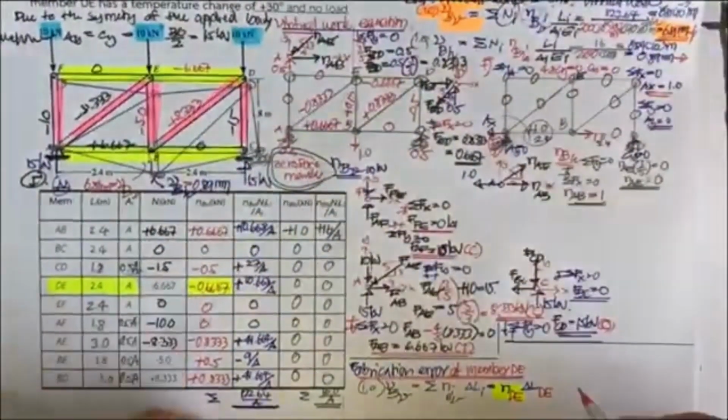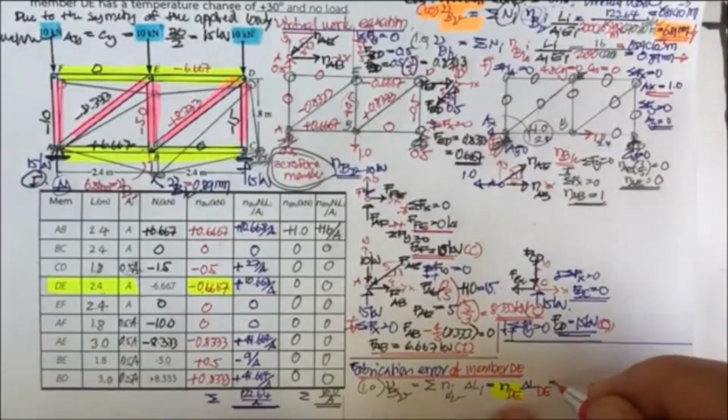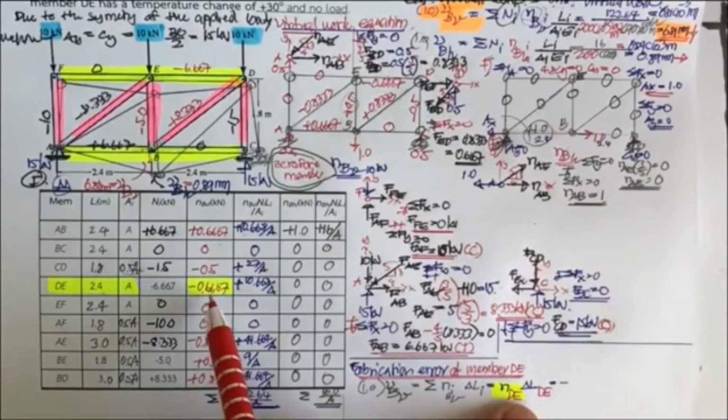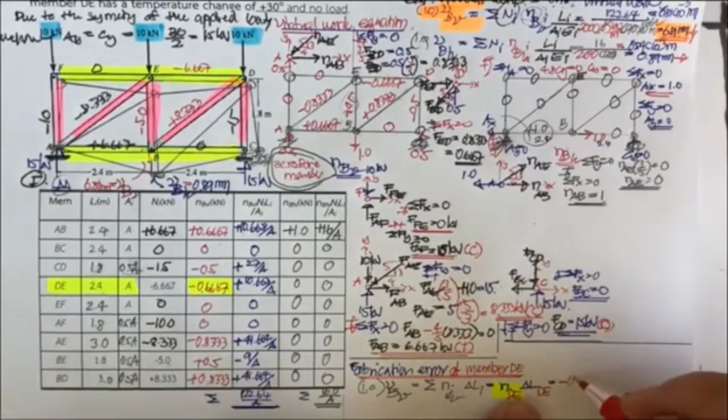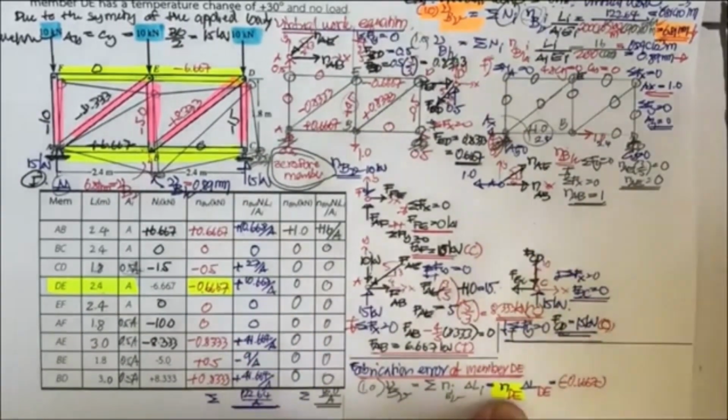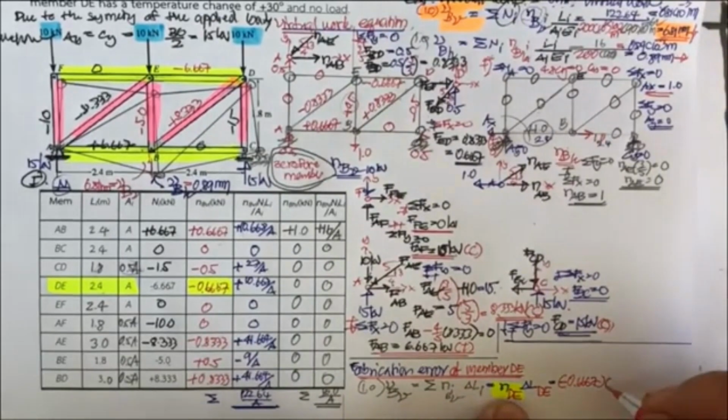So if you multiply it, it's going to be equal to minus 0.6667 for N, and times what we have, longer 5 millimeter.